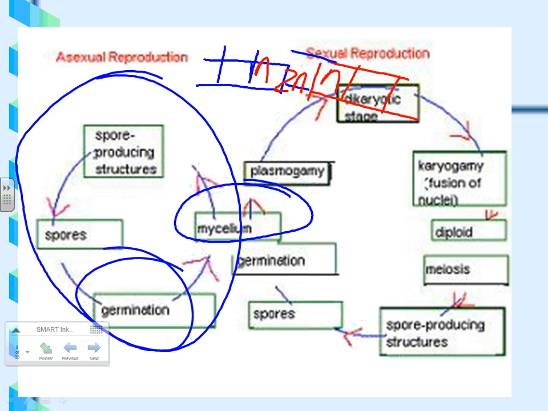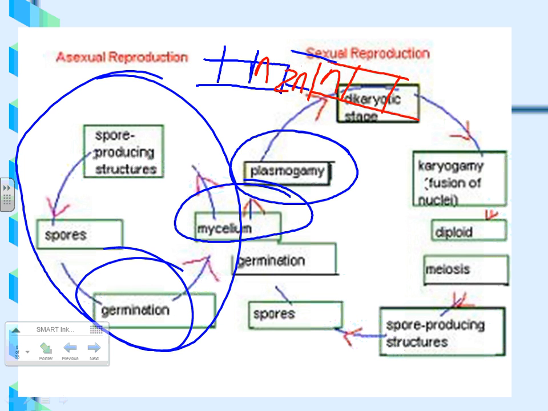So here's what happens first. When these two hyphae meet, just their cytoplasms fuse. The fusion of their cytoplasms is called plasmogamy. Sounds like a strange word, but that's the fusion of the cytoplasms of two fungal cells.